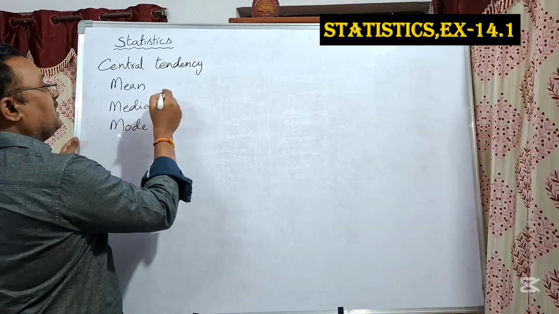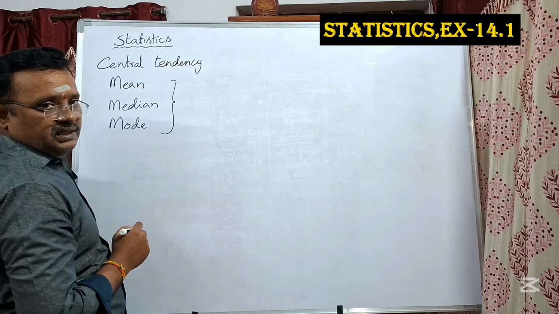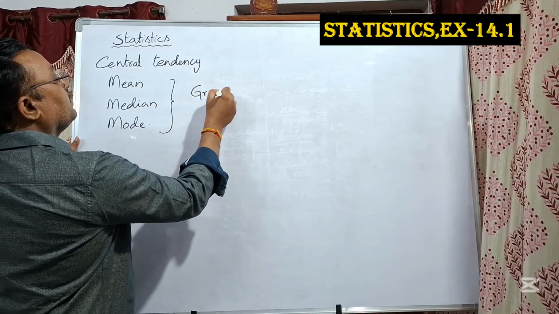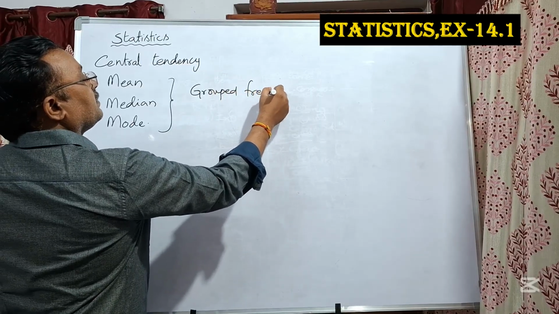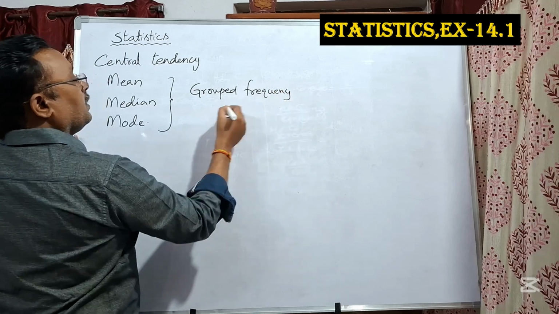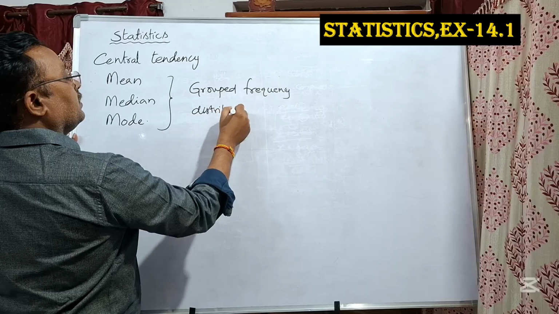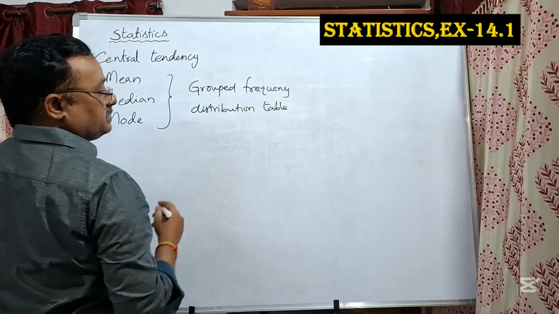Now in our 10th class syllabus we will find these three central tendencies of grouped frequency distribution table values.